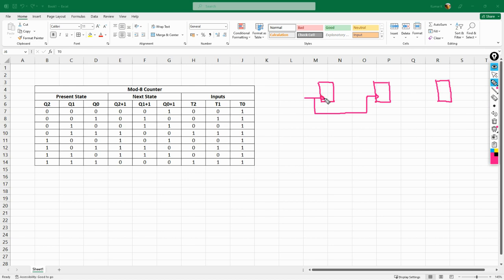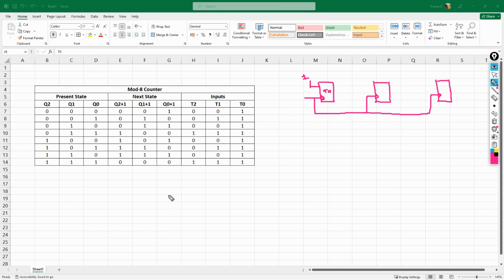Synchronous is what we use in industry, we don't use any kind of asynchronous. Now the first flop, this is T0, so you always connect it to 1. Now what about your T1? Can you guys tell me? You solve this using K-map and tell me what it is.